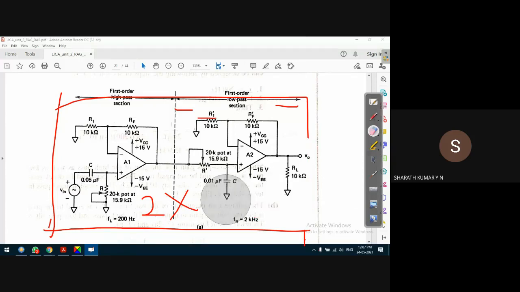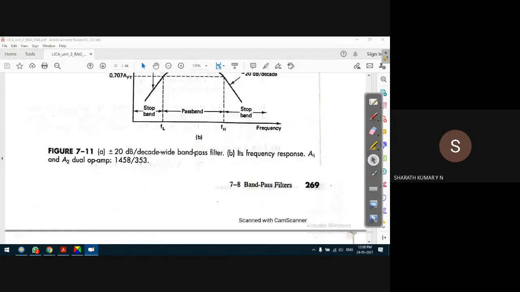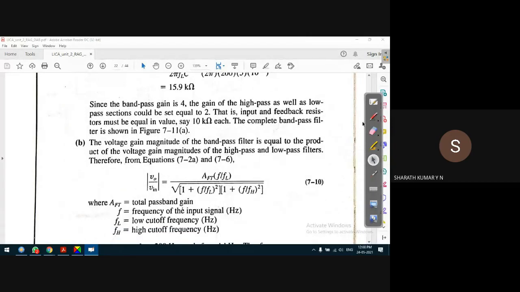So we have to design these filters for a gain of 2 each, then the overall gain of the band pass filter will become 4. The feedback resistance RF must be equal to R1, so that the gain will be equal to 2 in each stage.